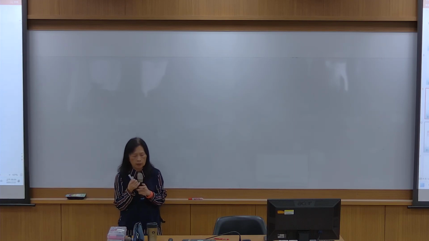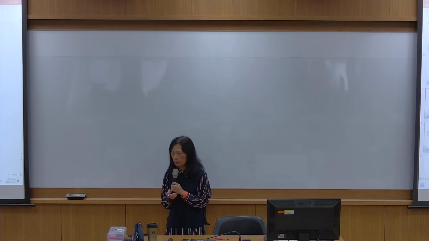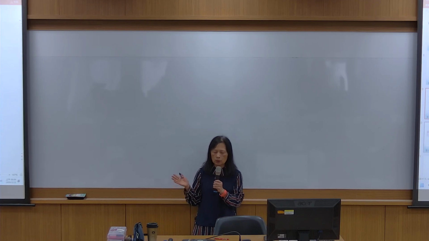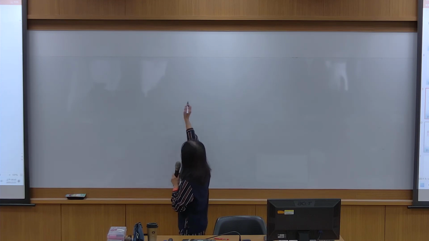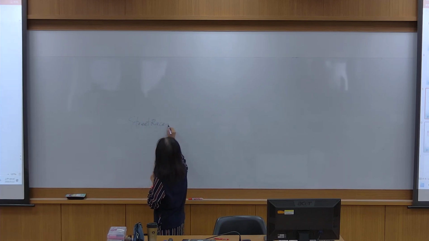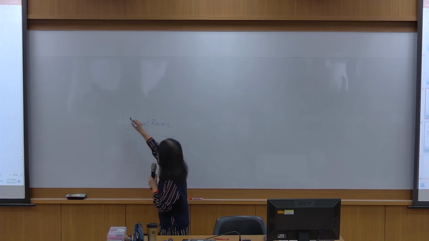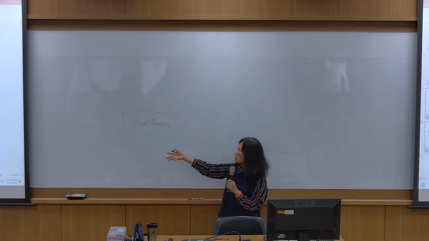So the example talks about transportation tools. We have four kinds of transportation tools. One is street racer. It's a kind of transportation tool.